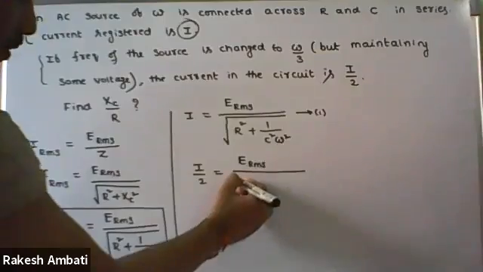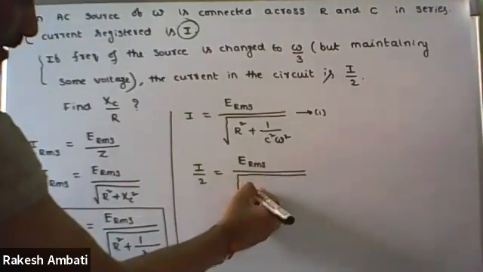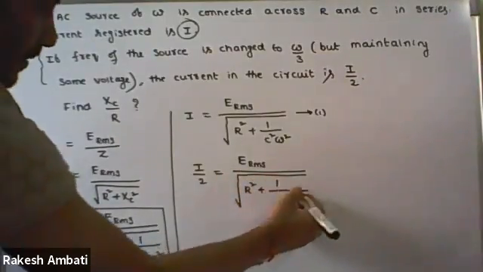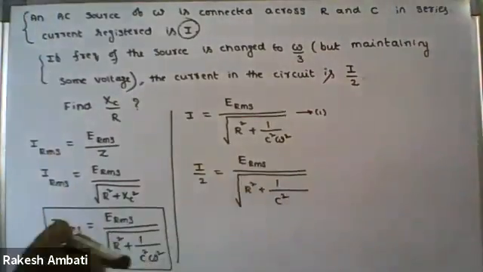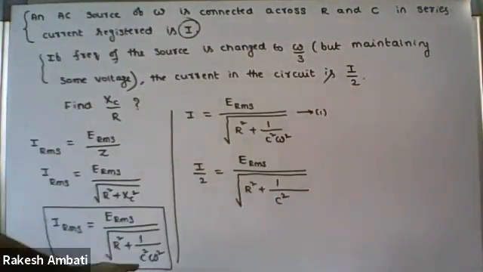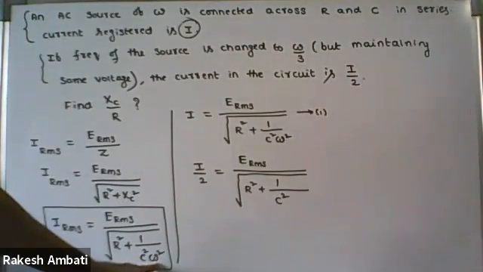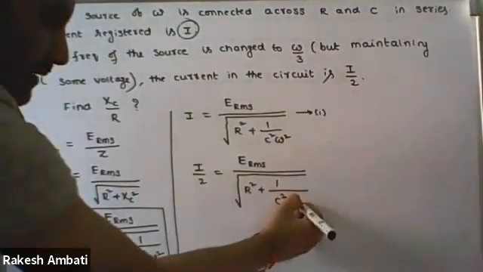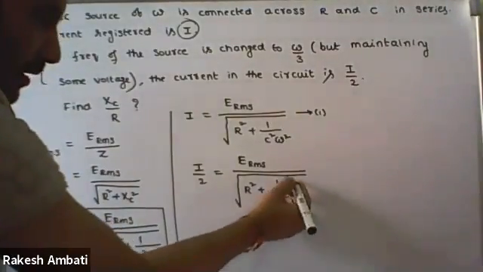Upon root over R square plus 1 upon C square, but in place of omega we write omega by 3, so omega square upon 9.